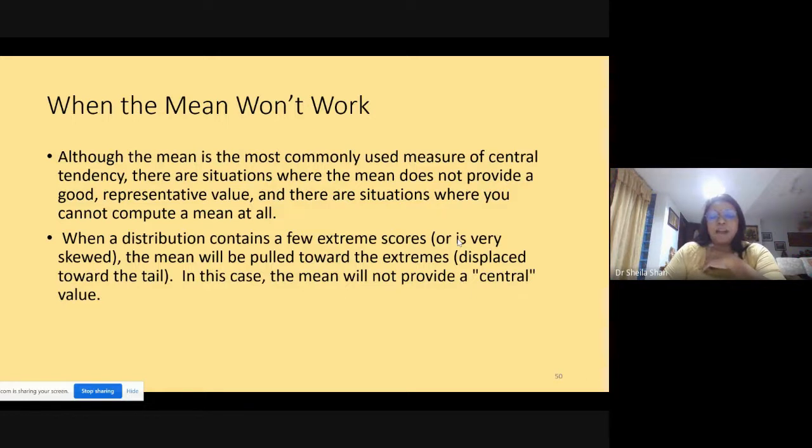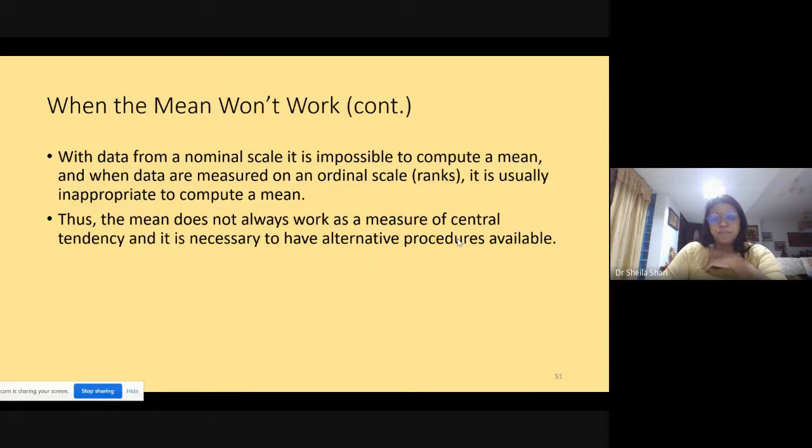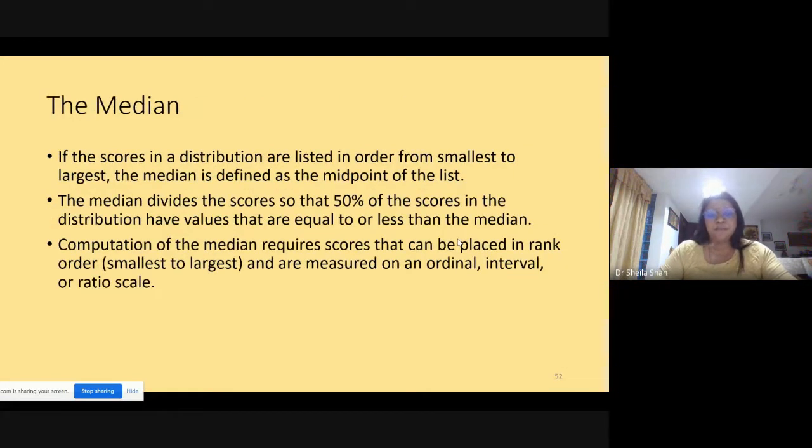That means you have extreme values, very small numbers and very big numbers. So the mean does not work here. Mean does not always work as a measure of central tendency, so we need to look at other alternative procedures. Same goes with the median.